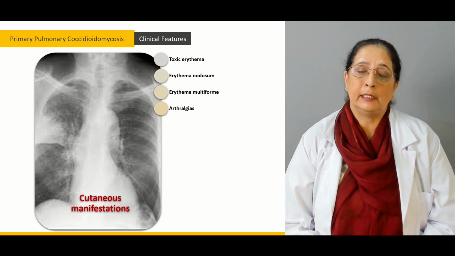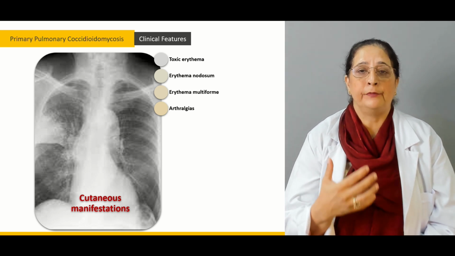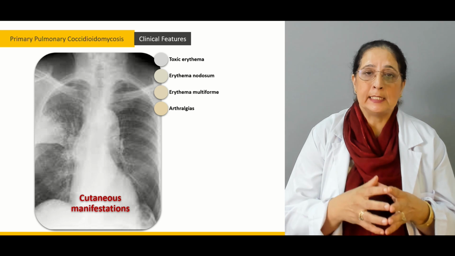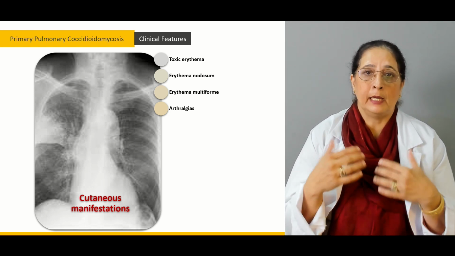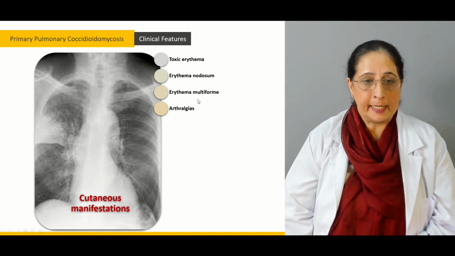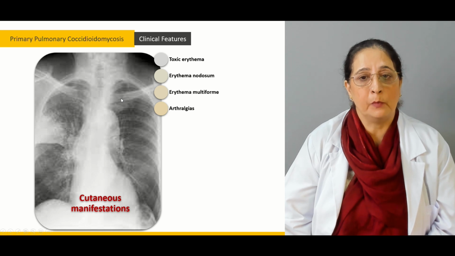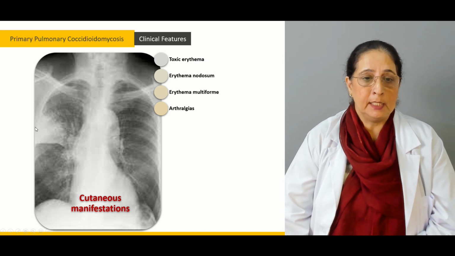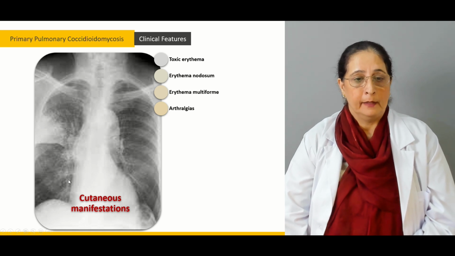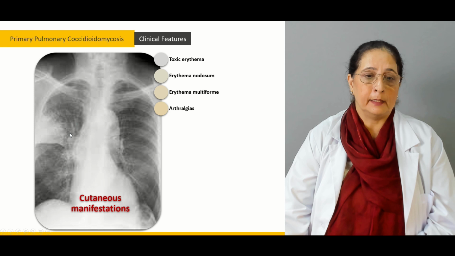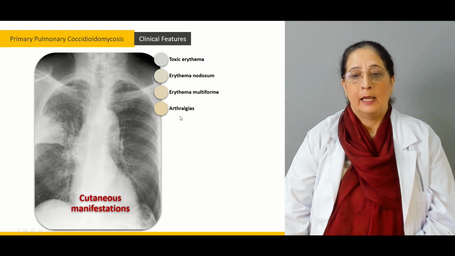All these are clinical manifestations caused by the spread of the infection to the skin and to other parts of the body, to the joints. So we have different features, and that's the chest x-ray of the patient with coccidioidomycosis. You can see there are effusions, and the hilar markings are very prominent in the chest x-ray.